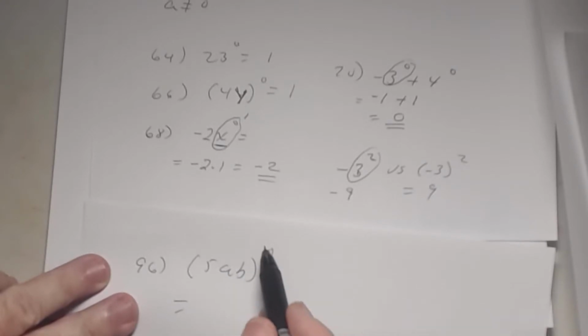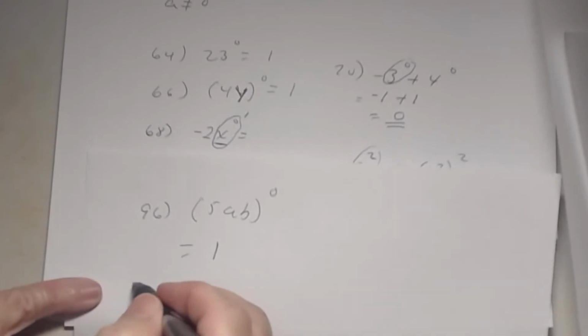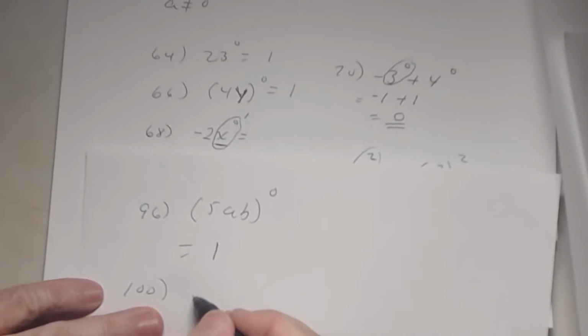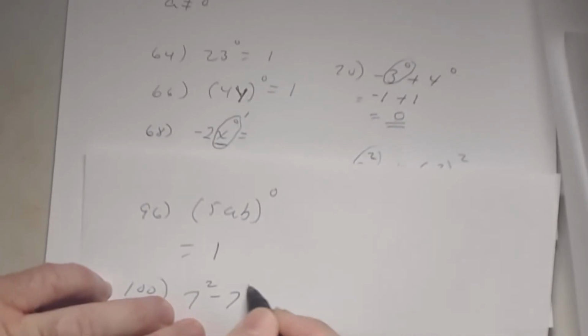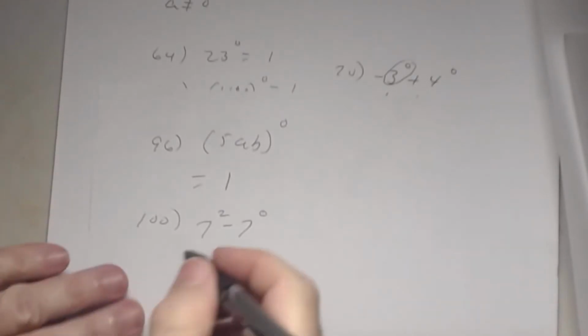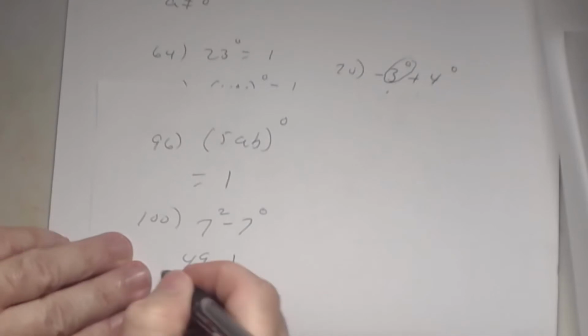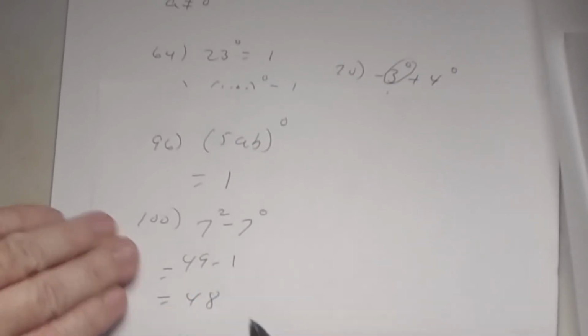The whole thing's being raised to 0. So that's 1. Number 100: 7 squared minus 7 to the 0. What do you think that's equal to? 48. So 7 squared is 49, 7 to the 0 is 1, so that is 48. Okay?